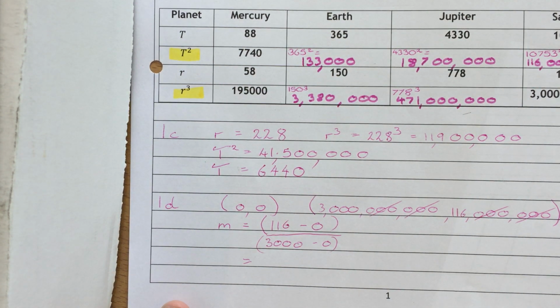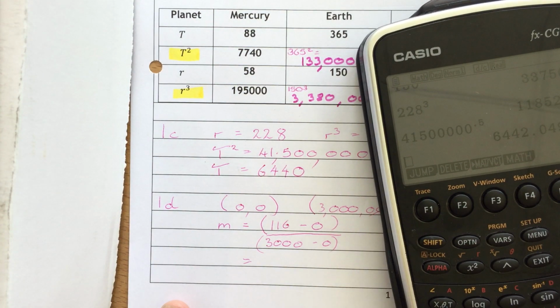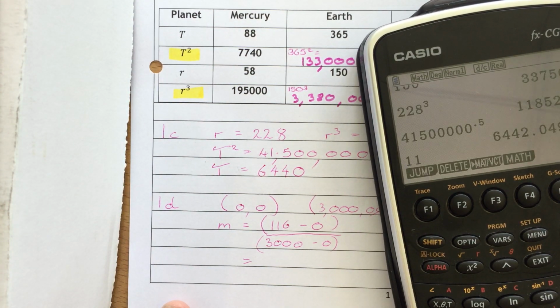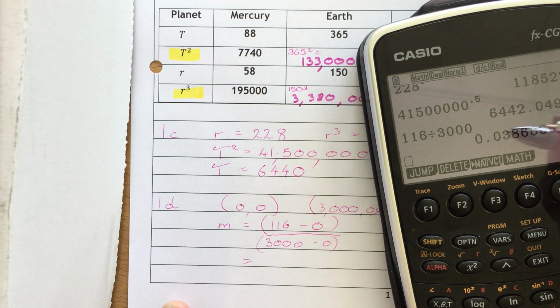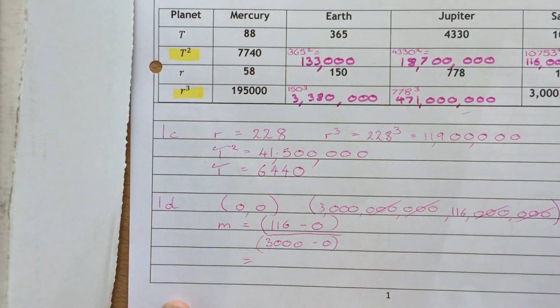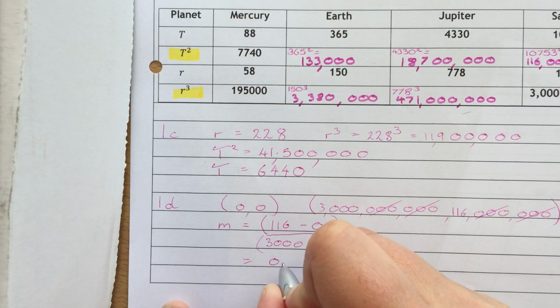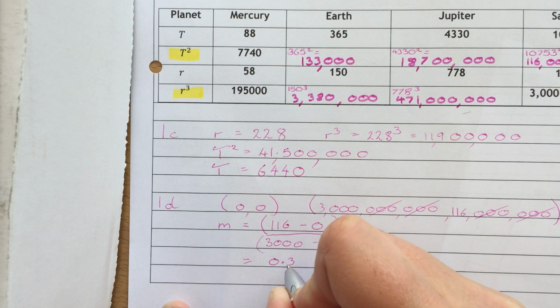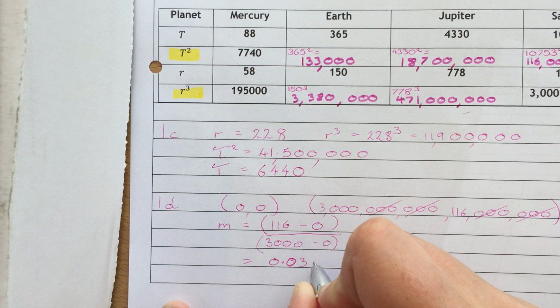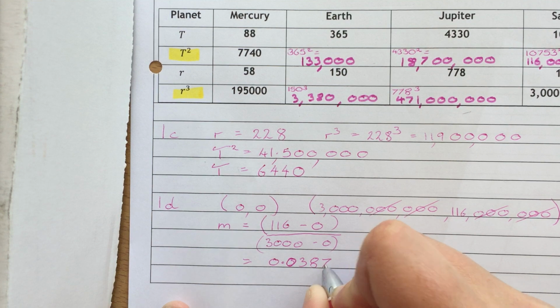And that will give us our value for k, and that should come in at 0.0386 recurring. 0.0387.